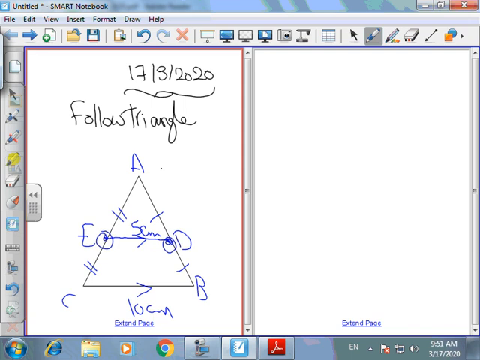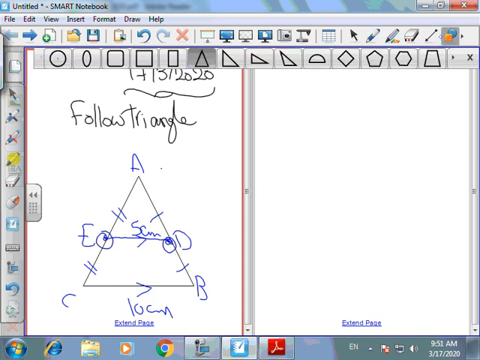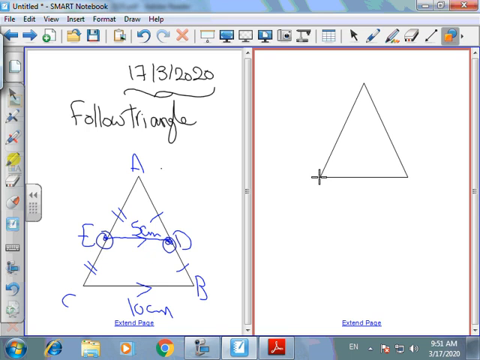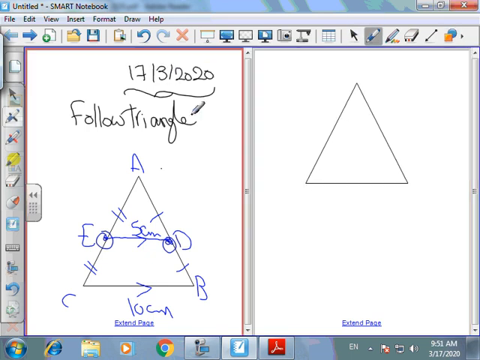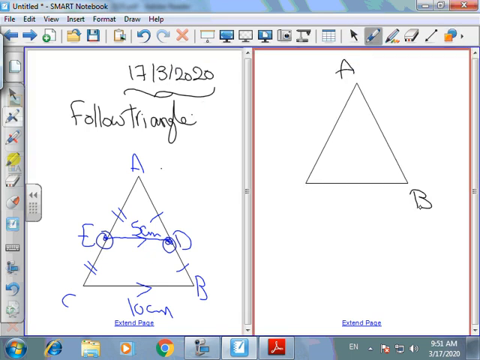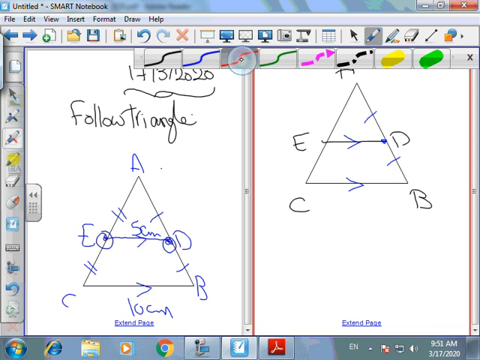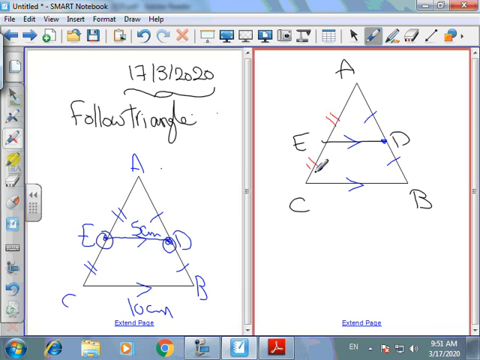If this line segment joins the two midpoints, it's parallel to the third side and also has half its length. The second part is the opposite. If we have triangle ABC and a line segment inside it, DE, and D is the midpoint of AB and DE is parallel to BC, then E is a midpoint.